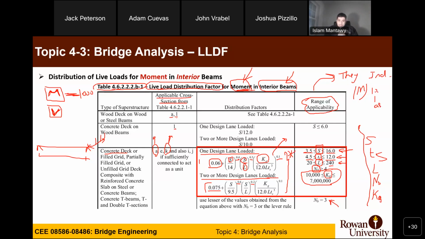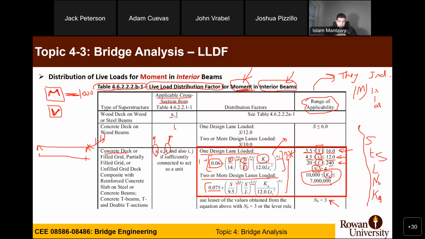It's at the end, after they derive the entire distribution factor, they multiply by 1.2 here and by 1 there. So you don't need to worry about it in this table. It's already implemented.